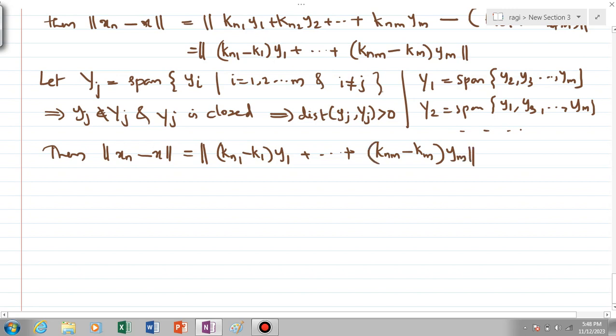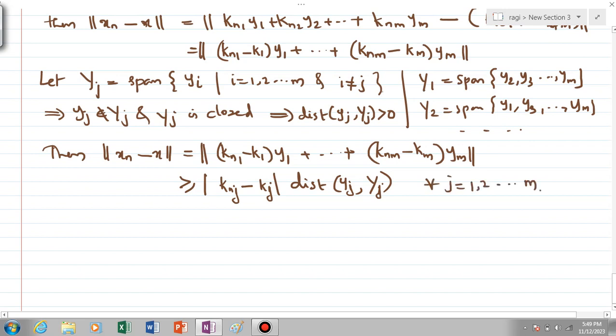This quantity is greater than or equal to modulus of knj minus kj into the distance of yj from capital Yj. This is true for every j equal to 1 to m.